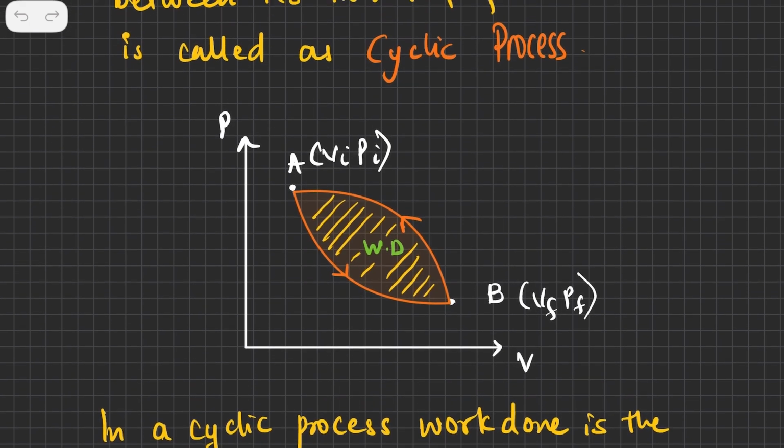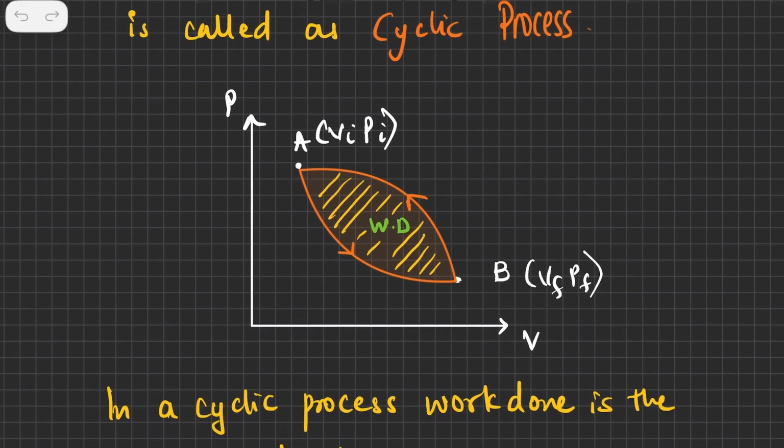Let's say we have a PV diagram for that, with a pressure axis and a volume axis. There is an initial state A whose initial volume is Vi and initial pressure is Pi, and a final state B whose final volume is Vf and final pressure is Pf.